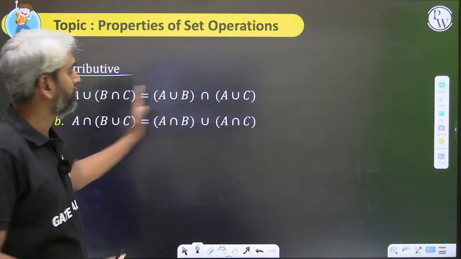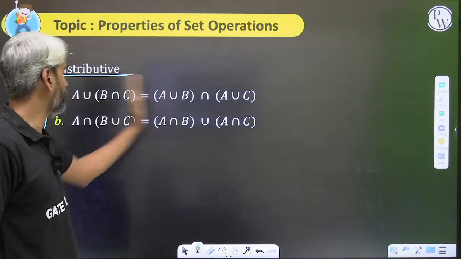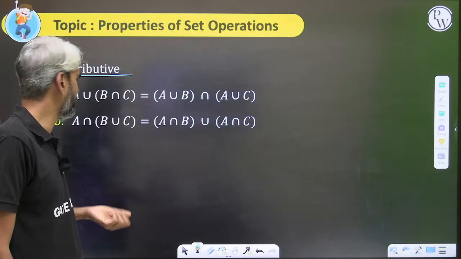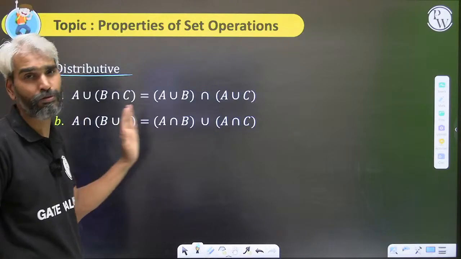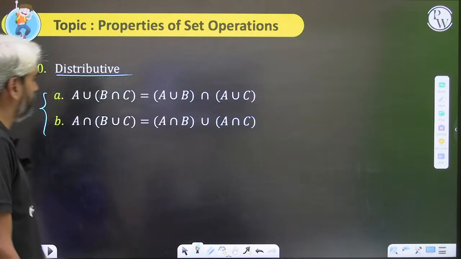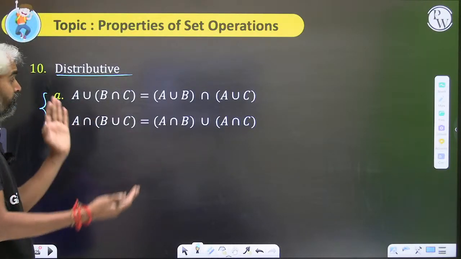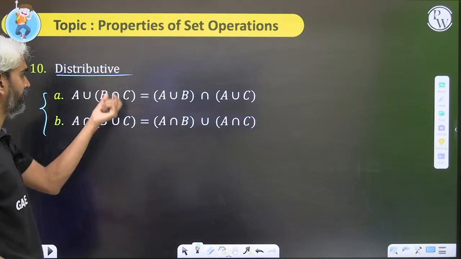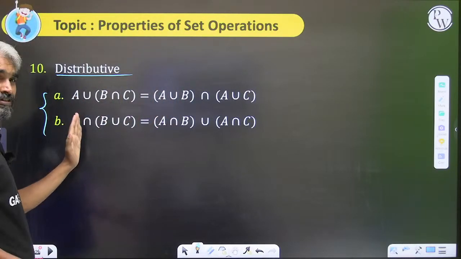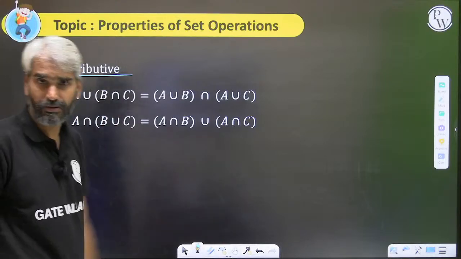So please note down this property if you don't already know it, and revise it as many times as you can, so that you will be comfortable with how exactly the union will be distributed across the intersection, and how exactly the intersection will be distributed across the union, right?